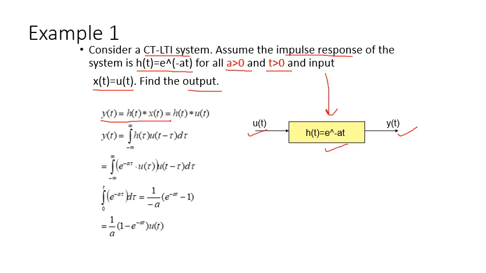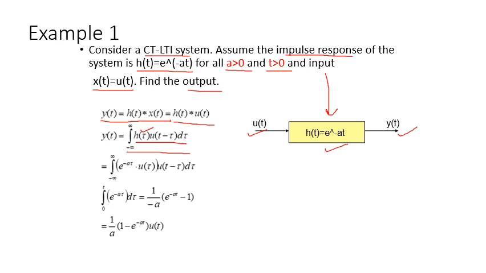Here x(t) is equal to u(t), so we can write h(t) convolved with u(t). We can represent this in the form of convolution integral as minus infinity to infinity h(tau) u(t minus tau) d tau. Further, we can substitute the value of h(tau). Now we know h(t). How will we find h(tau)? Just replace t by tau.